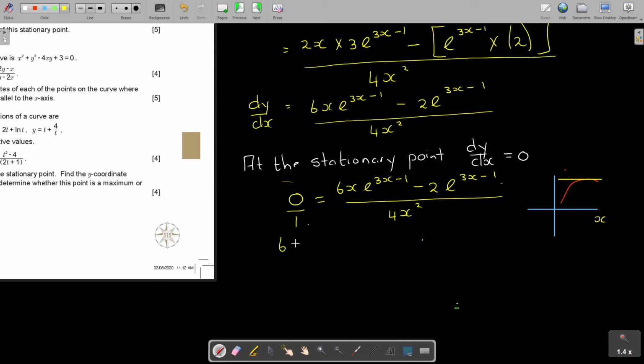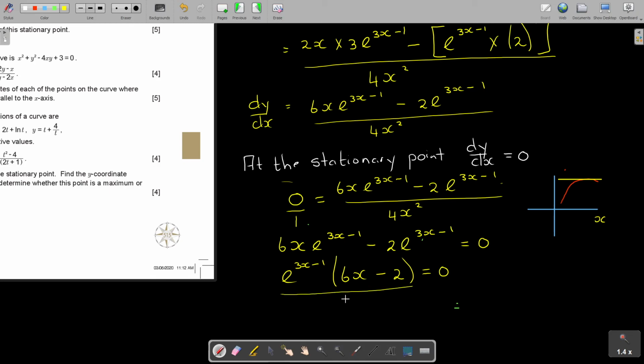Okay, so in this case, it's going to be 6x e^(3x minus 1) minus 2e^(3x minus 1), and that's 0. Now, we see this is exactly the same, so take it out as a common factor. So it's 6x minus 2. I could have actually taken out 2, but I'm first going to leave it.